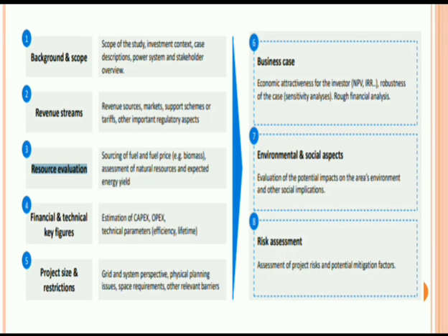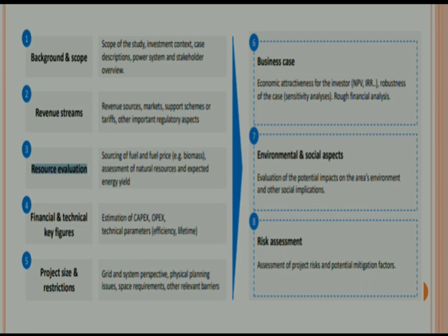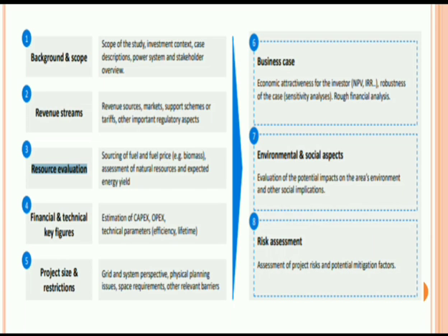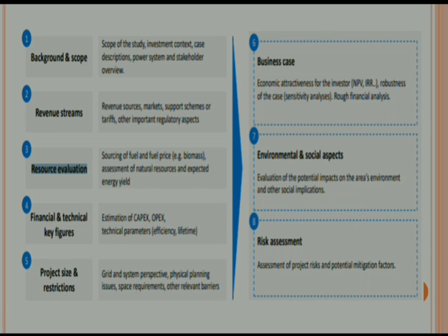Financial and technical key figures. In this, technical parameters like efficiency and lifetime, all these figures we will consider. Project size and restrictions. In this, we will consider grid and system perspective, physical planning issues, space requirements, and other relevant barriers.